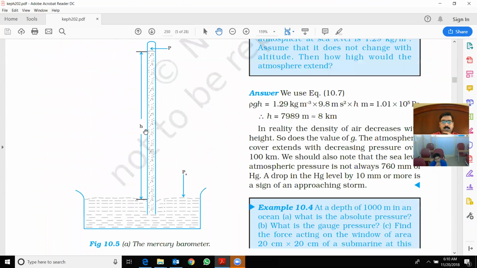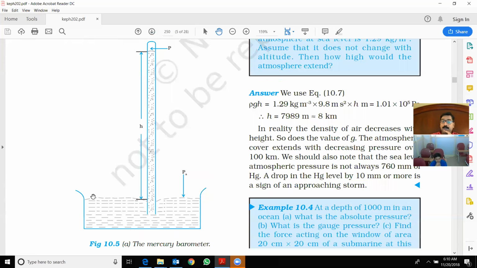Okay, so this is the tube which contains mercury, and this is another larger container which contains mercury. You fill it completely and invert it, dip it into this one. So what happens? Some mercury will come out of this, and how much will come out?